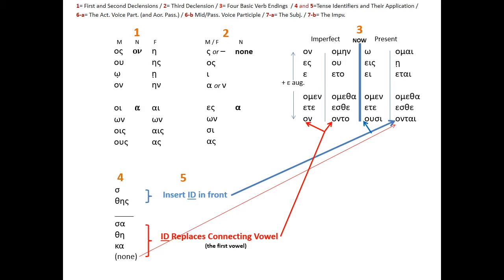Number 2, replace the connecting vowel, that's going to be the first vowel of the ending, always an omicron or an epsilon, of the imperfect tense endings, the 2 forms, 2 columns left of the bold blue line, with the tense identifiers that are below the line, below the future tense identifiers.